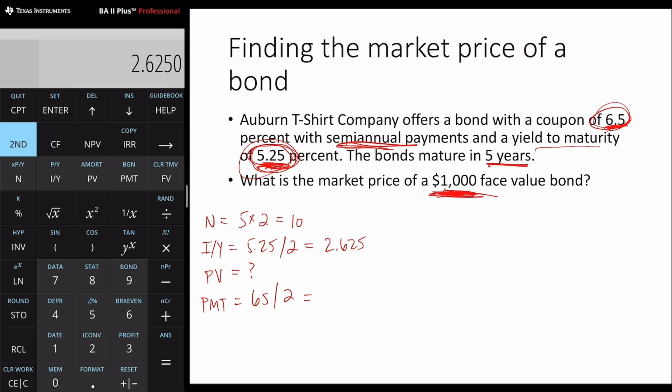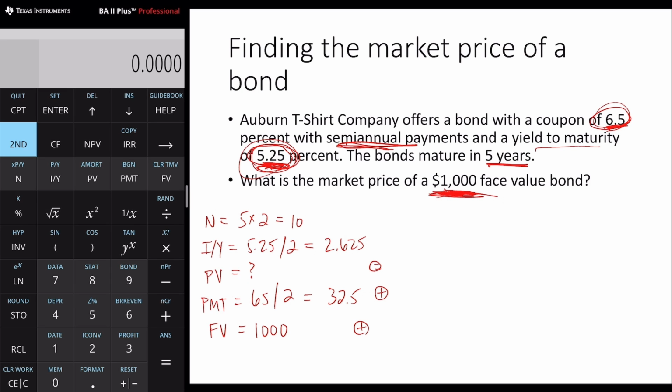I need the 6-month payment, so I divide by 2, and that is 32.5. And then my future value is the face value amount, which is 1,000. Okay, I want to make sure my signs are right. So yes, the payment's going to be positive and the future value is going to be positive. That is going to make the calculator spit out a negative number for the present value.